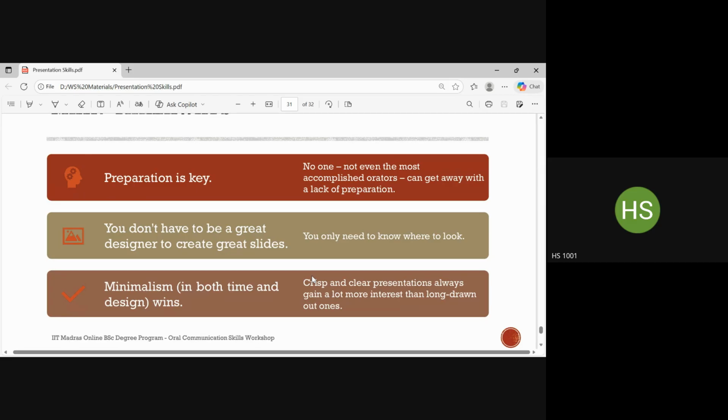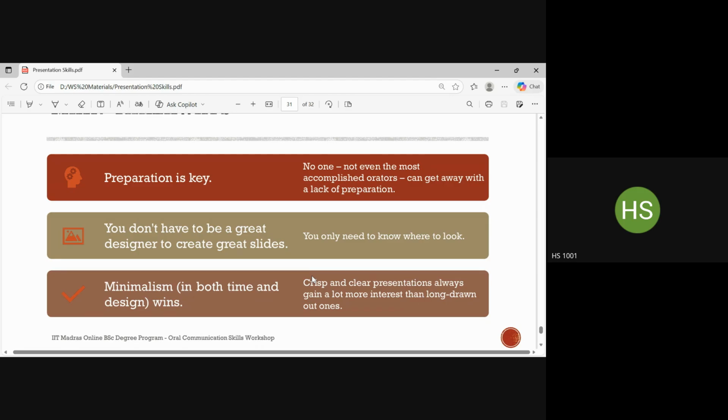You'll have to design or make professional looking slides. This does not mean that you have to make designer slides, that you have to be very adept at design in order to make a good deck of slides. Okay? You should be minimal in both time and design.